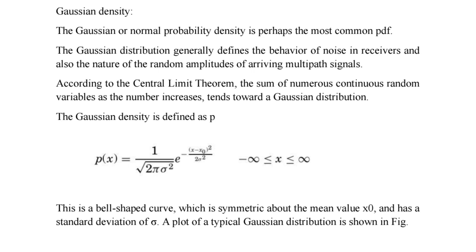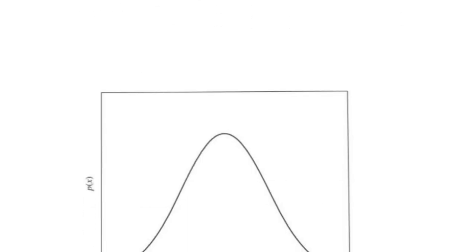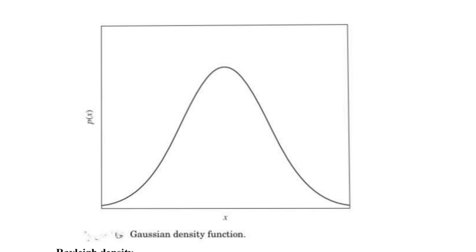Whenever you want to analyze some signal spectrum and it looks like a bell-shaped curve, we can easily estimate it using this Gaussian probability density function. Here we mark x and p of x; for the corresponding x, we generate the possible values of p of x. Whenever these bell-shaped curves are there, that is called the Gaussian probability density function.